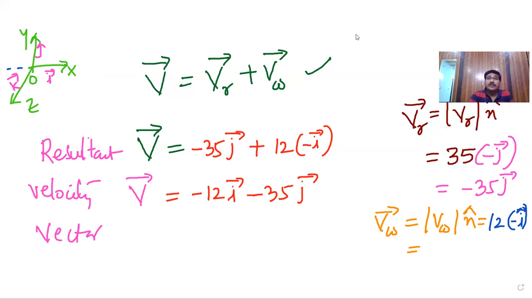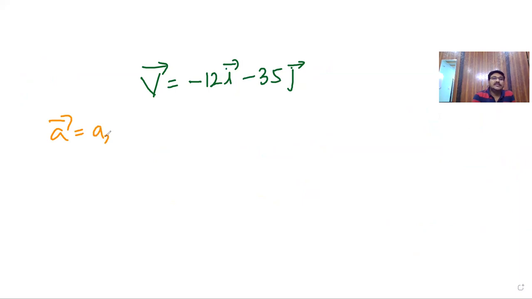Now observe. Once you know the resultant velocity, what is it? Minus 12 I minus 35 J bar. Now, the magnitude of this vector is what? Magnitude is simple. That is the magnitude of any vector, as we have seen in the previous class. Suppose A bar is a vector, AX I bar plus AY J bar.